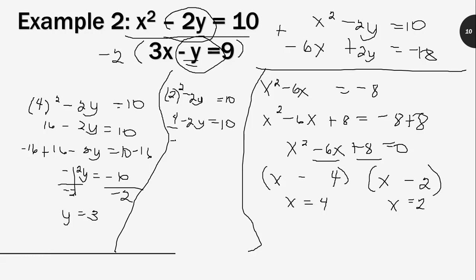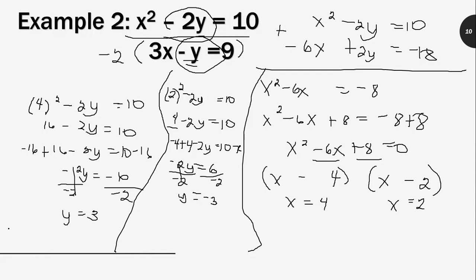So, we have to add negative 4 plus 4 minus 2y is equals to 10 minus 4. Negative 4 plus 4, 0. So, 2y ang matira. Then, 10 minus 4 is 6. And then divide both side by negative 2. We have y is equals to negative 3.